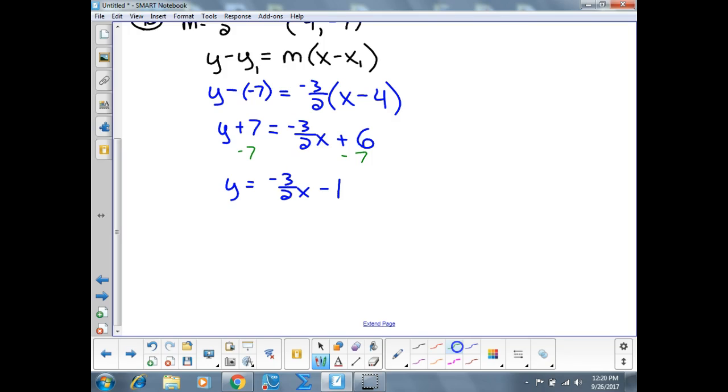A cannot be a fraction. So I've got to multiply everything here by 2. Okay? So that gives me 2y equals -3x minus 2.